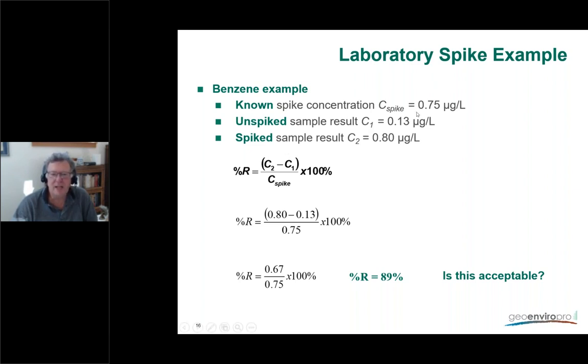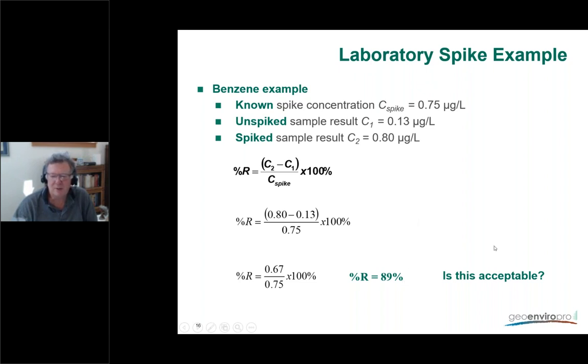They spike it and then they analyze it. In this case, the analysis came back with 0.80 microgram per liter. If you add up 0.75 and 0.13, they should have got 0.88, but they only got 0.80. So this little calculation allows you to determine the percent recoverable. In this case, 89% recoverable.